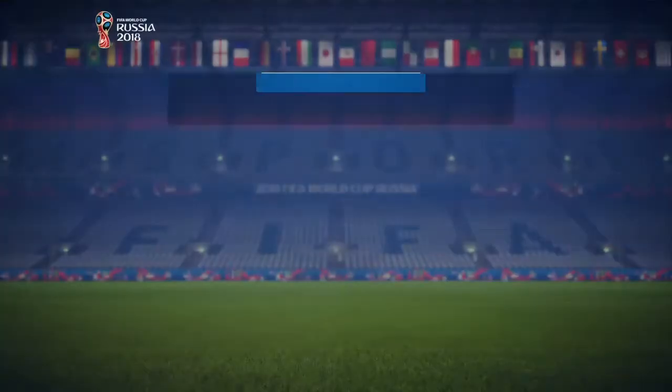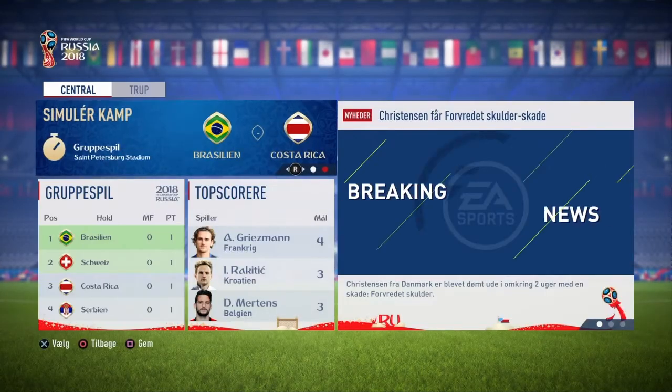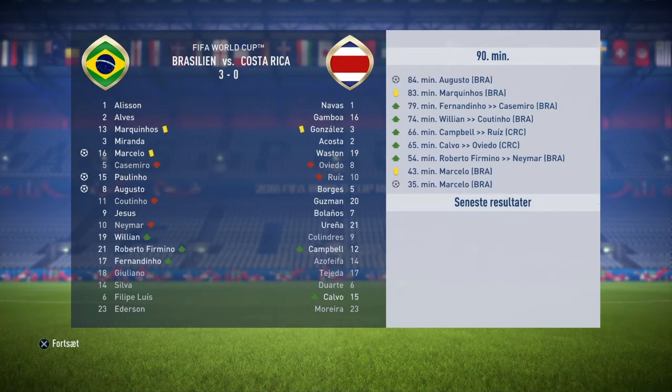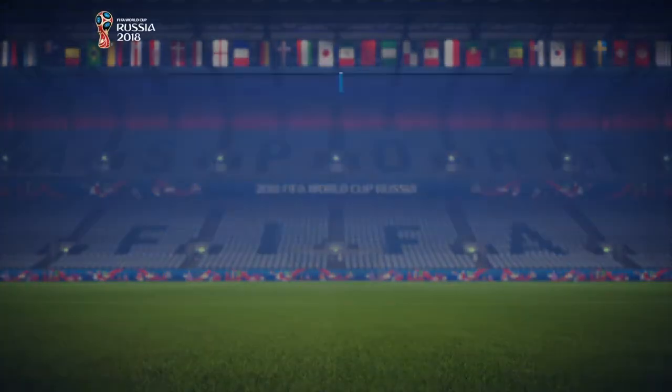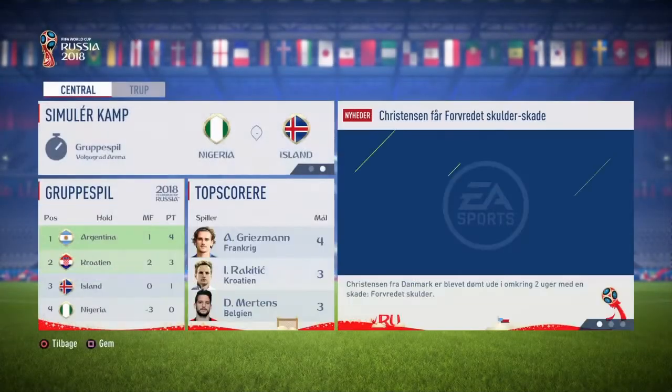Argentina win 2-1 over Croatia, and that means that they will jump up on top of this group. And the next match is Brazil versus Costa Rica. And let's see, 3-0 victory to Brazil over Costa Rica, like I would have imagined it. A big victory for Brazil there.